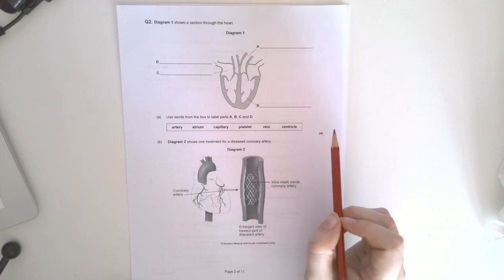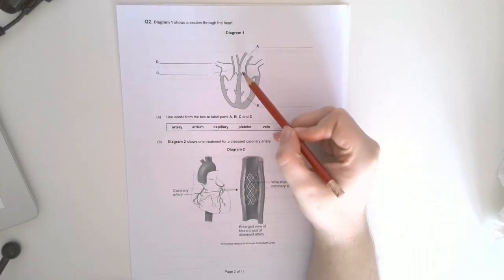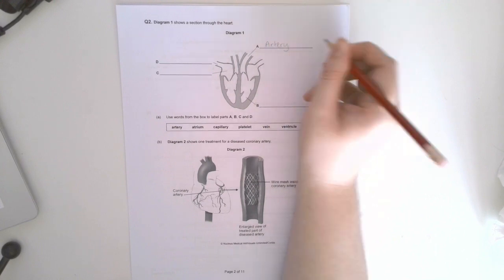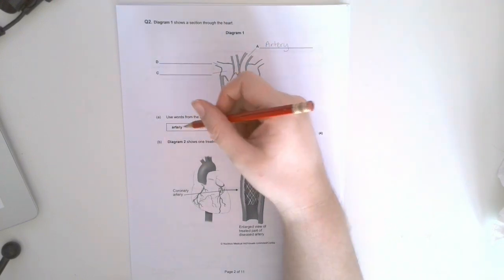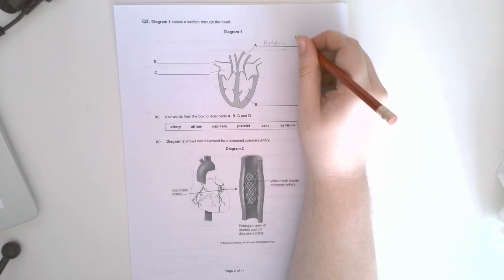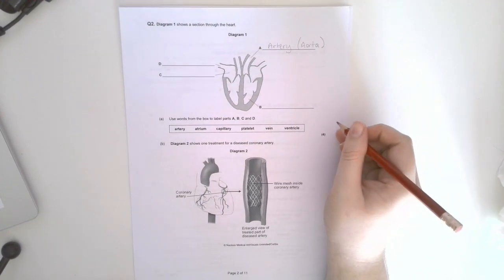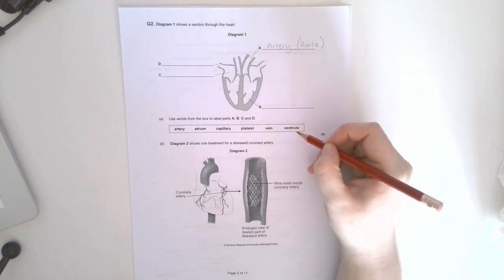Okay, so A is coming out there, that is an artery. If you didn't have a box of words to pick from, that would be your aorta. B then is a ventricle.